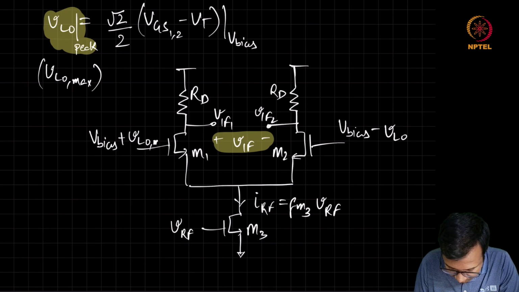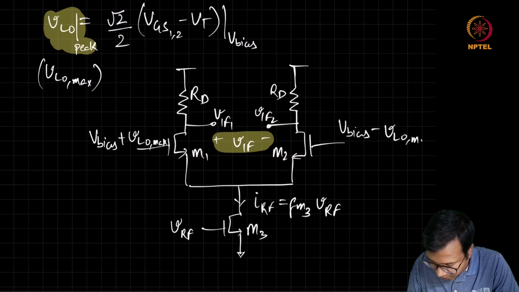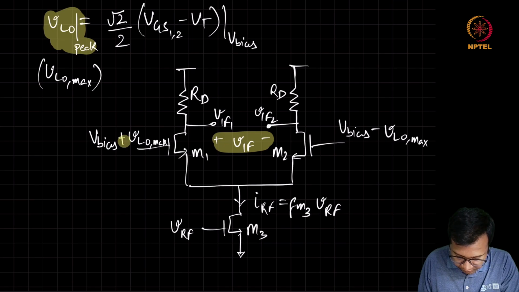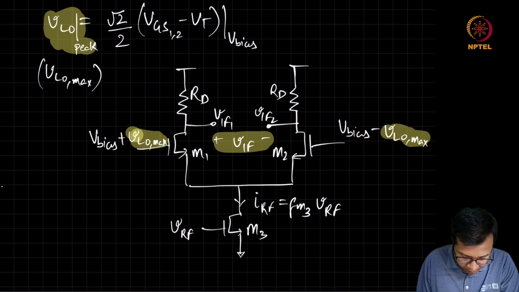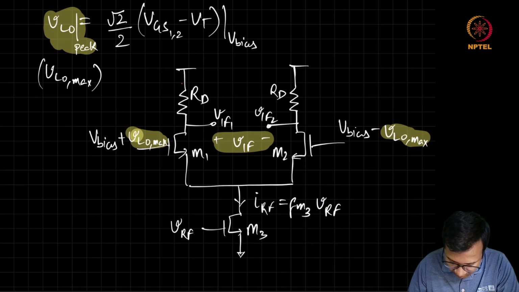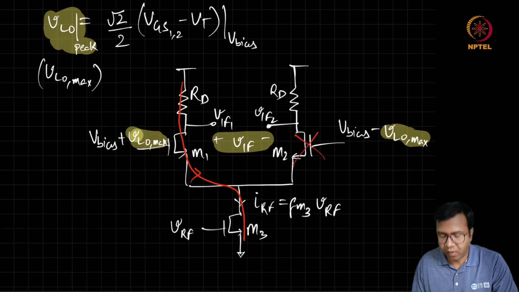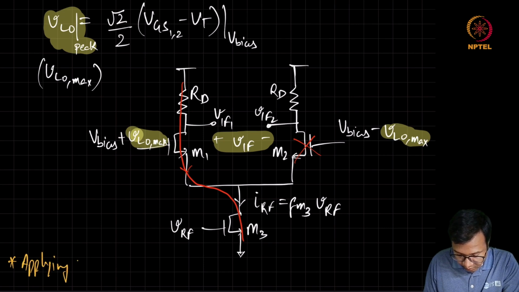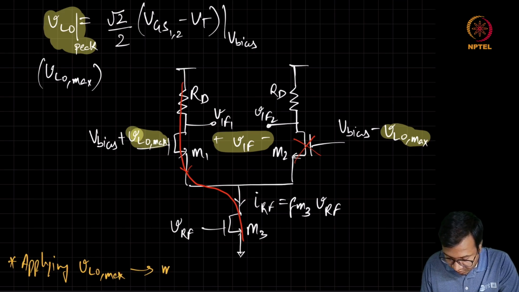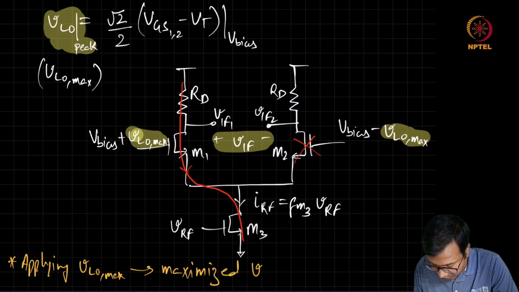So when this VLO max is applied, in such a scenario, this entire current will be coming from here and M2 will go in cutoff. So applying VLO max maximizes VIF.